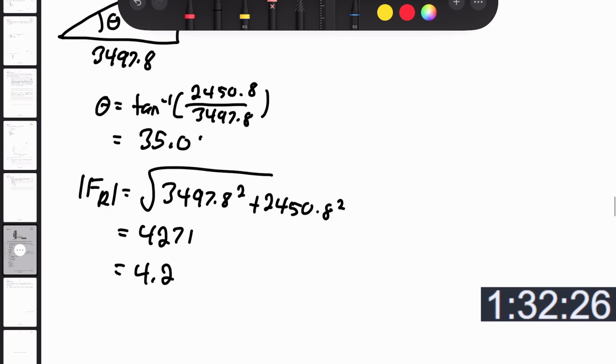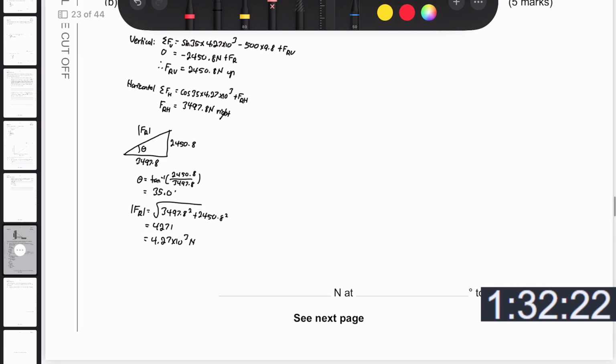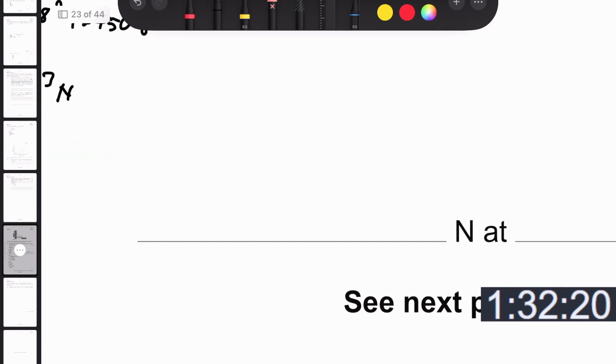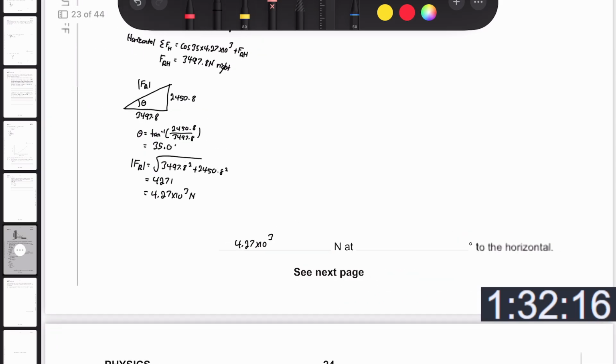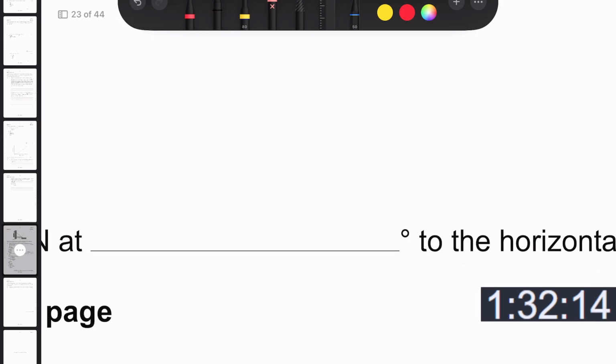So then, what the heck? Huh. That's funny. It's the same. 4.27 times 10 to the power 3 at 35 degrees to the horizontal.